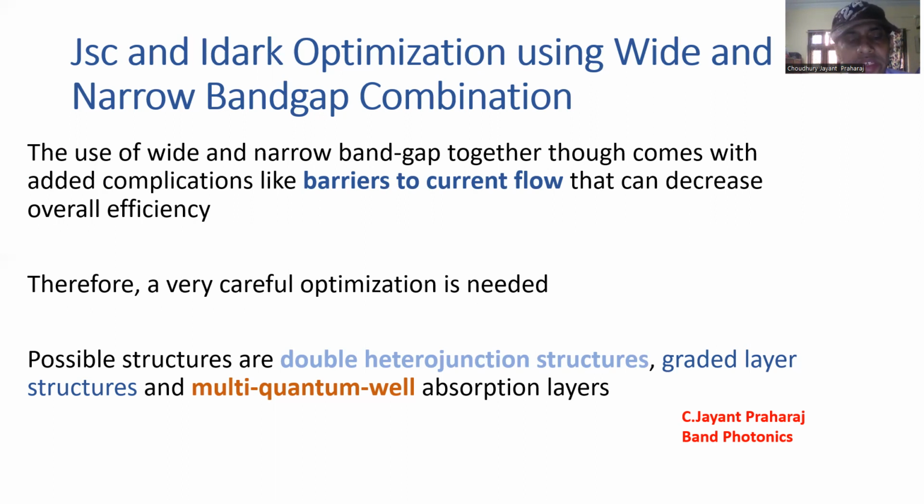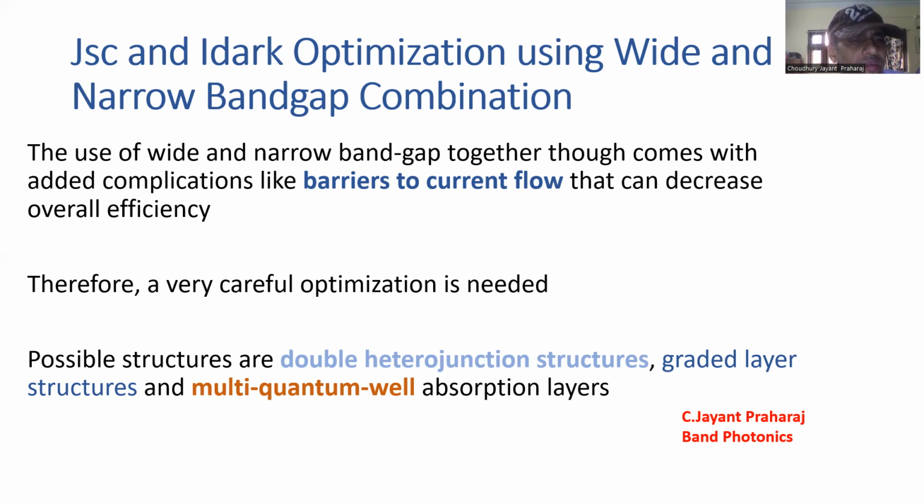And that can lead to some better optimization of the solar cell characteristics. However, you have to keep in mind that again, from the device fabrication perspective or the epitaxial growth perspective, the multi-quantum well requires many quantum wells to be fabricated, and so it's a more complex fabrication procedure. So we have these trade-offs between device performance and device fabrication complexity, and we need to keep those in mind as we design our solar cells.